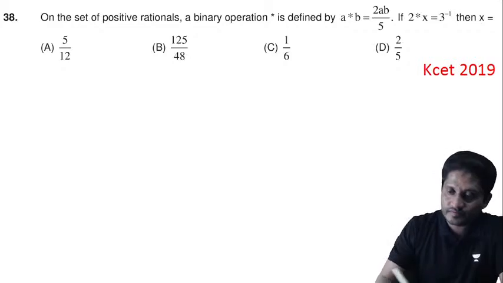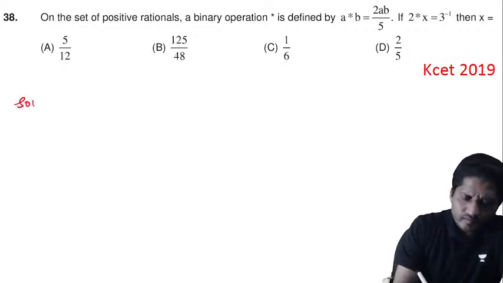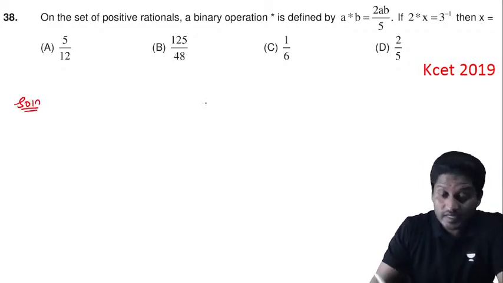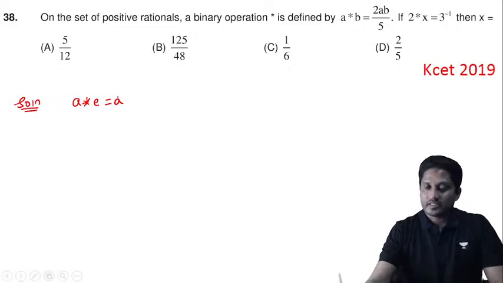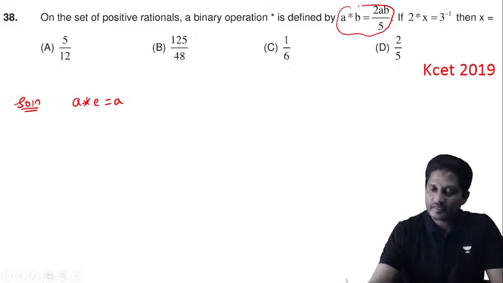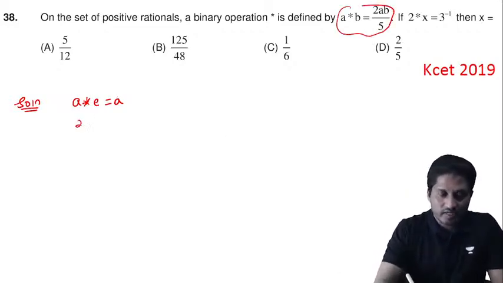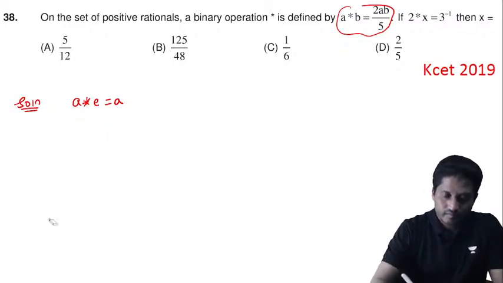Okay, now listen. Suppose E is the identity element, A star E is equal to A, right? A star B is 2AB by 5, so A star E is equal to 2AE by 5. This is 2AE by 5 is equal to 5.